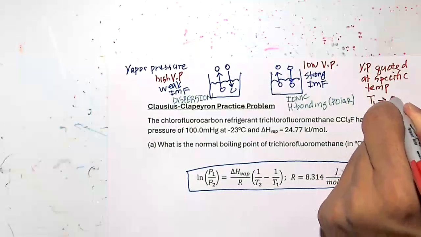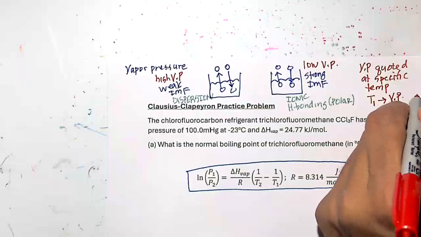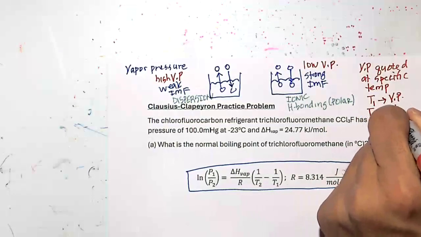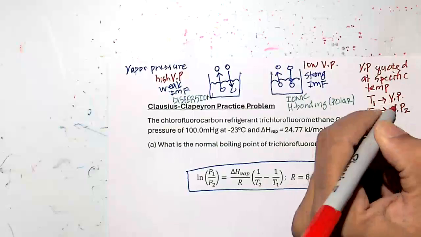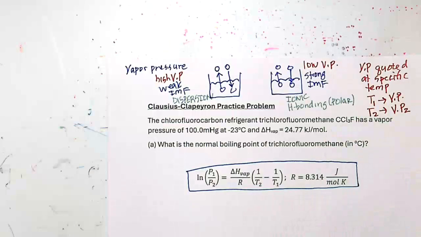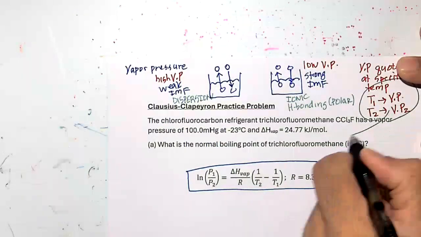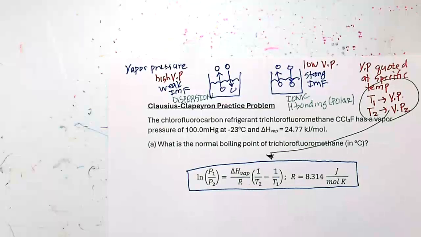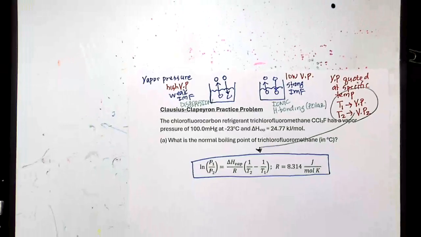If I have a temperature T1, it's going to have a vapor pressure. We were talking about liquids here. I change that temperature, I'll have a new vapor pressure VP2. So all this comes together in this equation here. This will be on the exam, and we'll do one practice problem over that, and then we'll resume our normal notes.